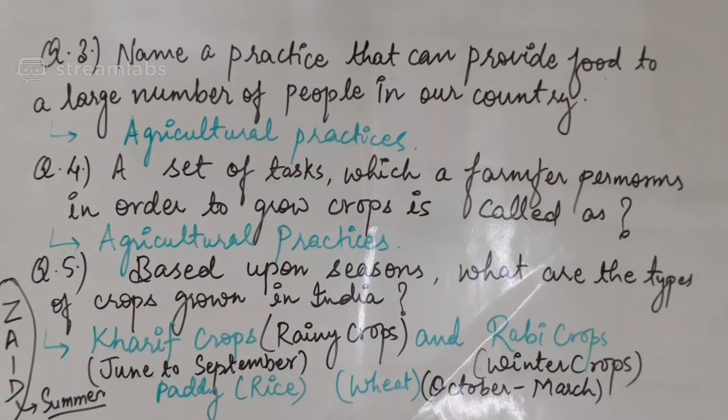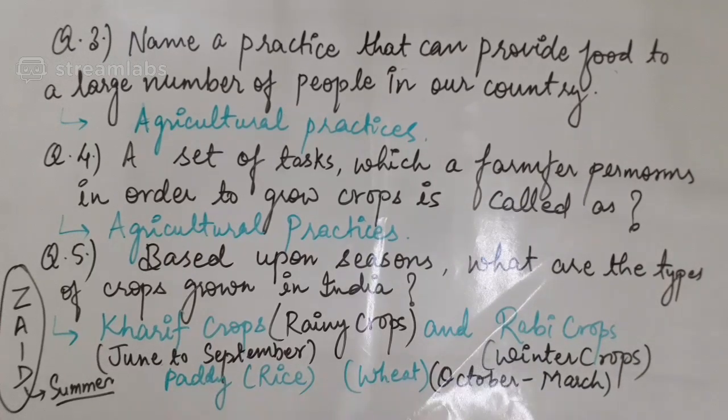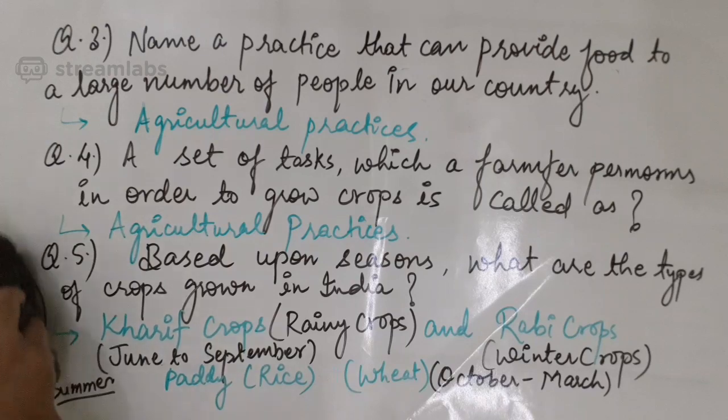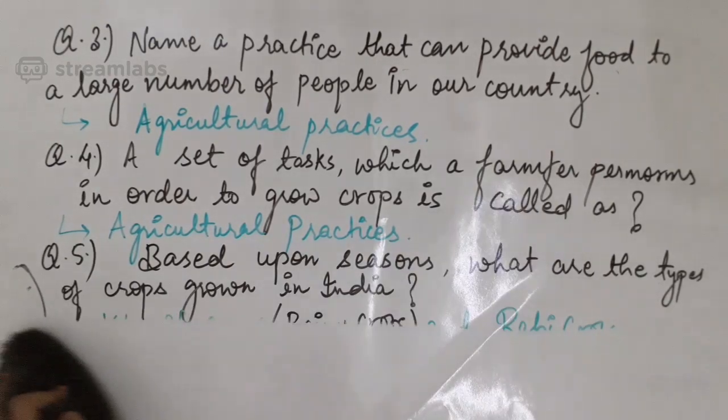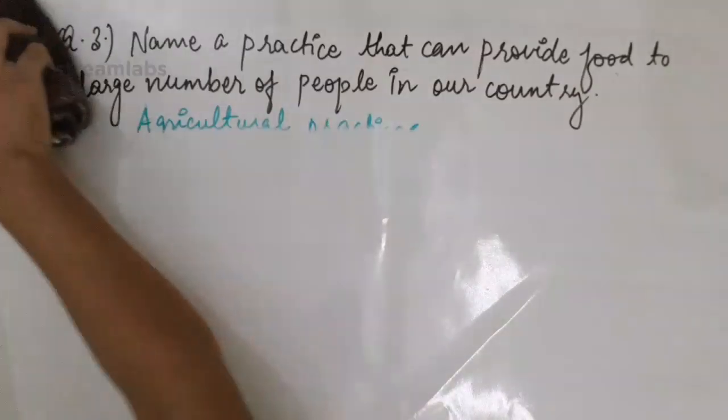And now for Article 1.2. These were the questions for Article 1.1, that is the agricultural practices. Now we will be taking Article 1.2, that is the basic practices of crop production. We will be going from the simple to complex questions after solving each type.